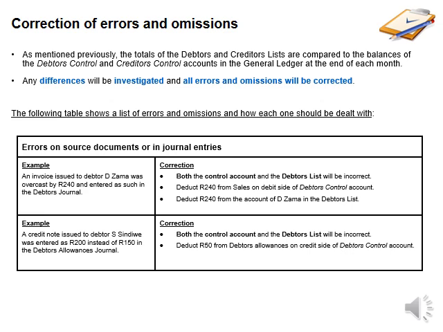It is decreasing an account. So we have now decreased the account with 200 instead of 150. So we have decreased it with too much. So to fix it, we need to do the opposite. So we will add 50 Rand to the account of S. Sindiwe in the debtors list to fix it.